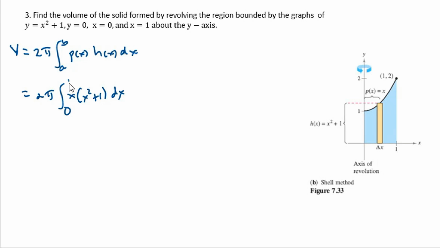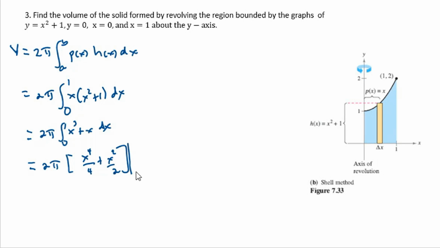Simplifying, we have 2 pi times the integral of x cubed plus x dx from 0 to 1. Integrating that, we have 2 pi times x to the power of 4 over 4 plus x squared over 2, evaluated from 0 to 1.